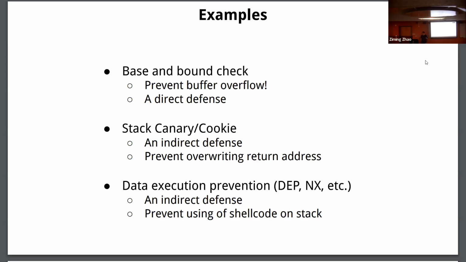So today, the first one we're going to talk about is data execution prevention. It's called DEP. On some architectures, it's called non-executable, NX. Some call it write xor execute. So they mean the same thing. This is also an indirect defense approach. It can prevent executing shellcode on the stack.